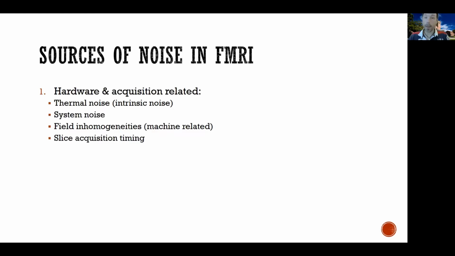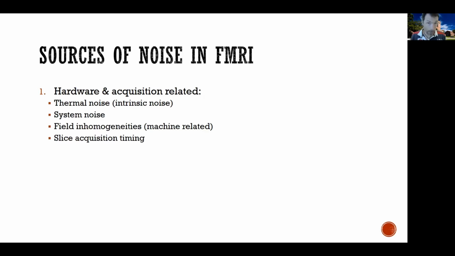Well, a number of them. A number of these noise sources are related to the hardware and the way in which we acquire data. For example, system noise: the measuring equipment has some variance to it. The machine itself, although it does create very homogeneous magnetic fields, they're not perfectly homogeneous, and that creates noise.